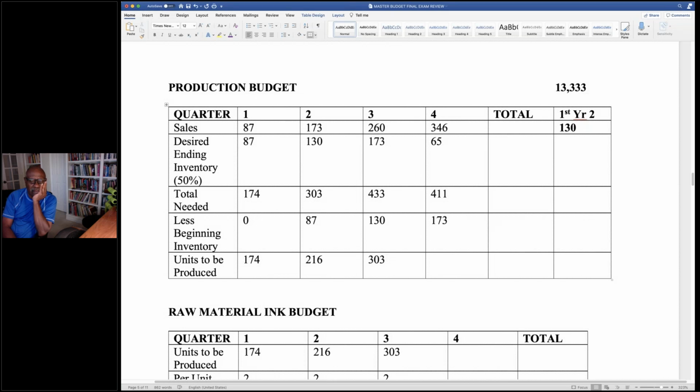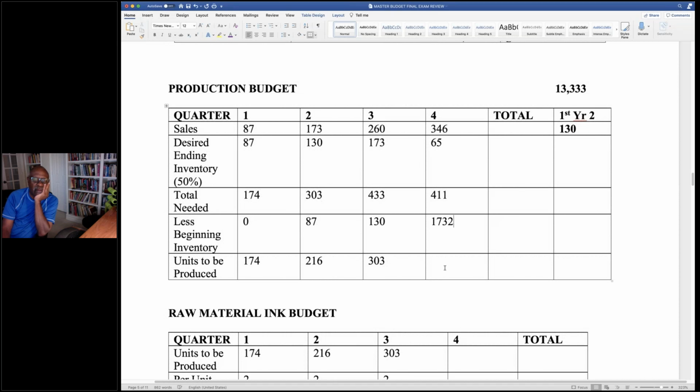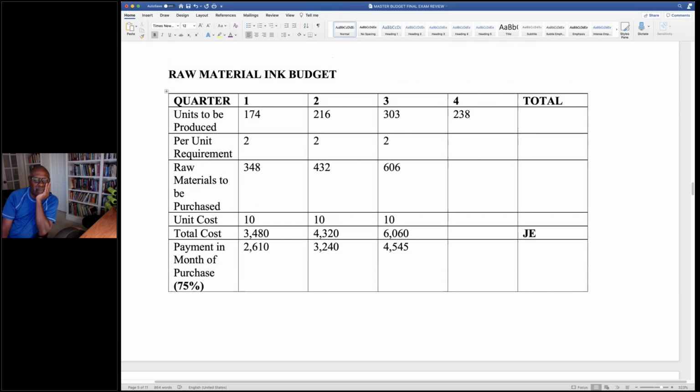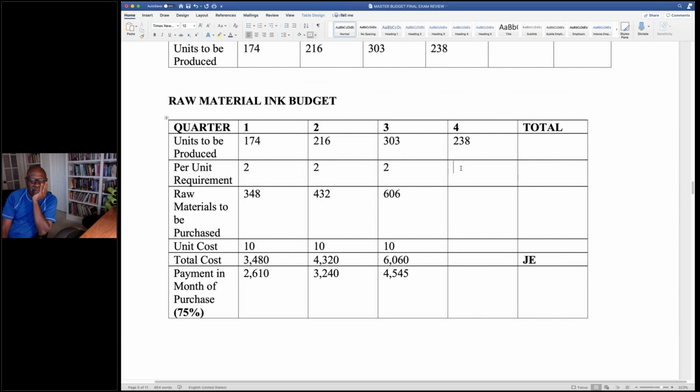That'll give you 238. And then our per unit requirement is 2.